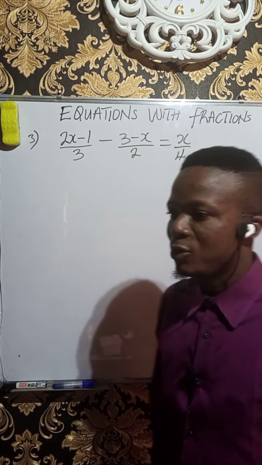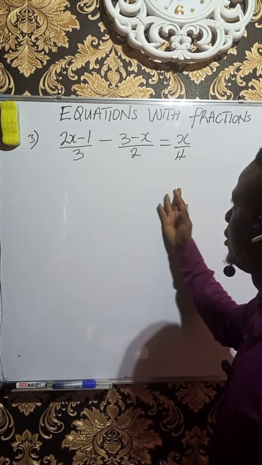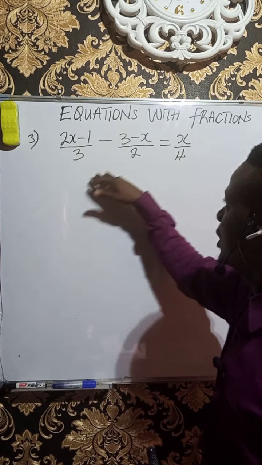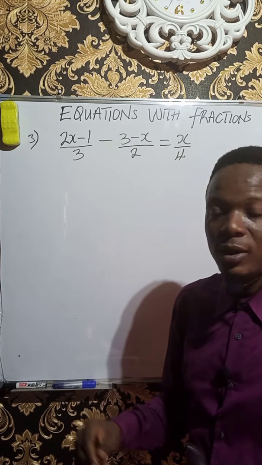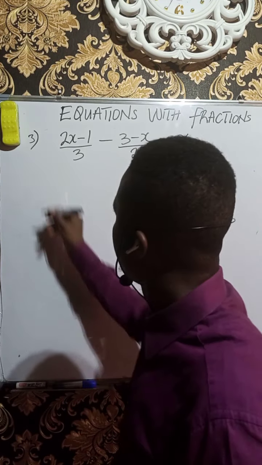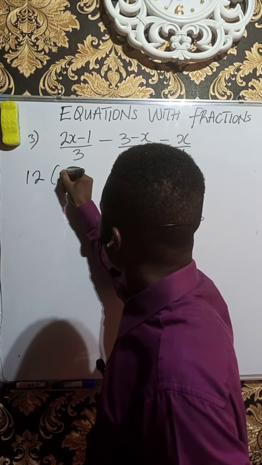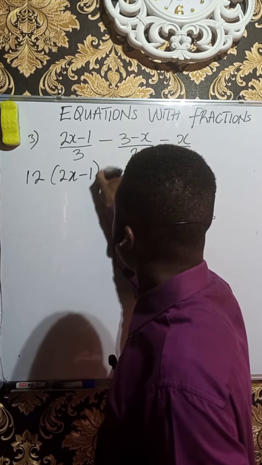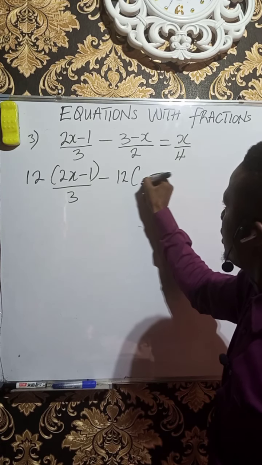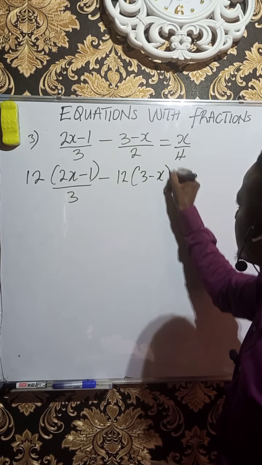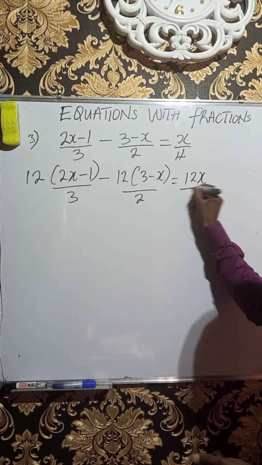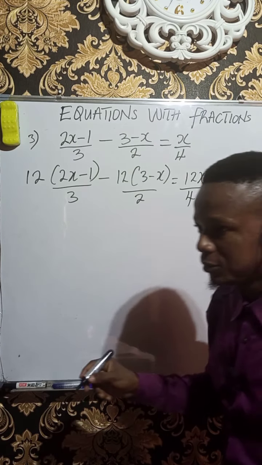Okay, so in the third question, this is what we are given, and if you take a good look at the denominators, you observe that the LCM should be 12. So I've got to multiply every term of this equation by 12. So I'll have 12 into 2x minus 1 all over 3 minus 12 into 3 minus x all over 2 equals 12 multiplying x all over 4.